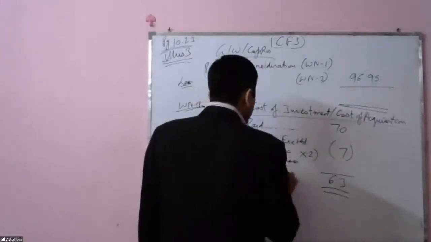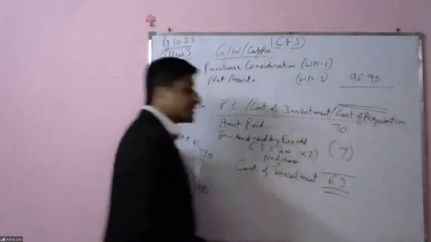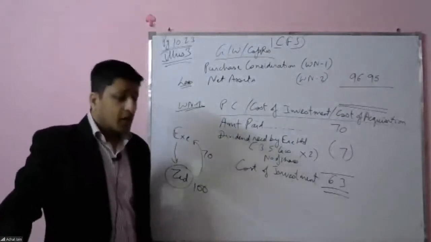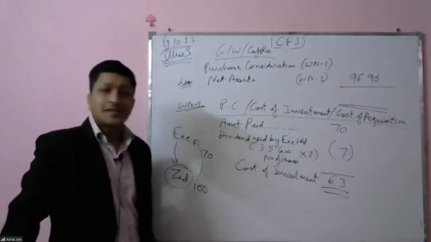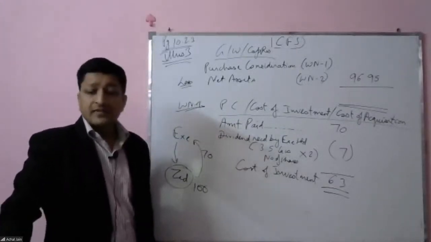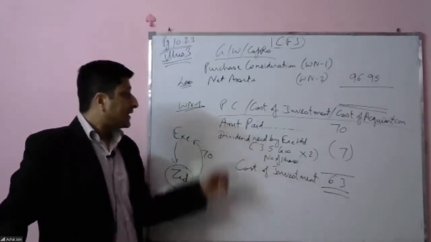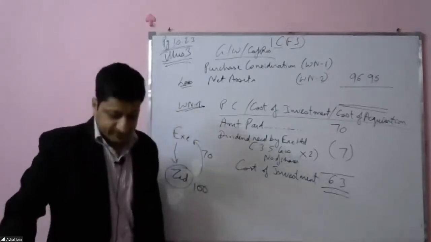So what's the cost of investment after reduction of dividend that we have? 63 lakhs. I'm just repeating this point. Under paper number 1, you would have understood about investments accounting. In AS 13 also, I'm sure you would have covered this. That whenever dividend is paid and it belongs to pre-acquisition period, then it is required to be reduced from the cost of investment.